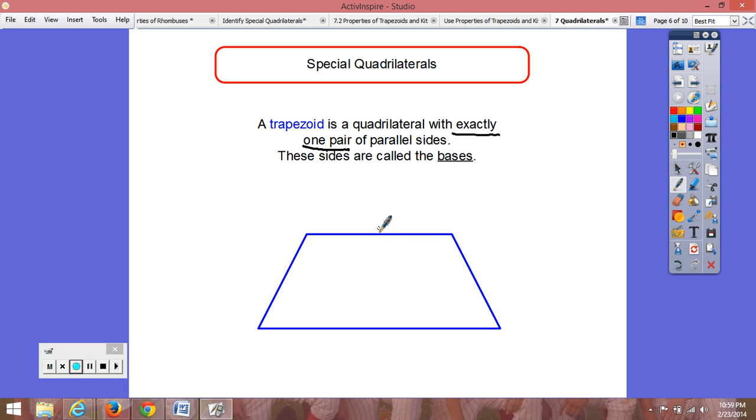So on the trapezoid here, it would be this side and this side. These are our bases. And our two sides that are not our bases are called our legs. So we're going to label this. That is a base. That is a base. These are legs. This is a leg.